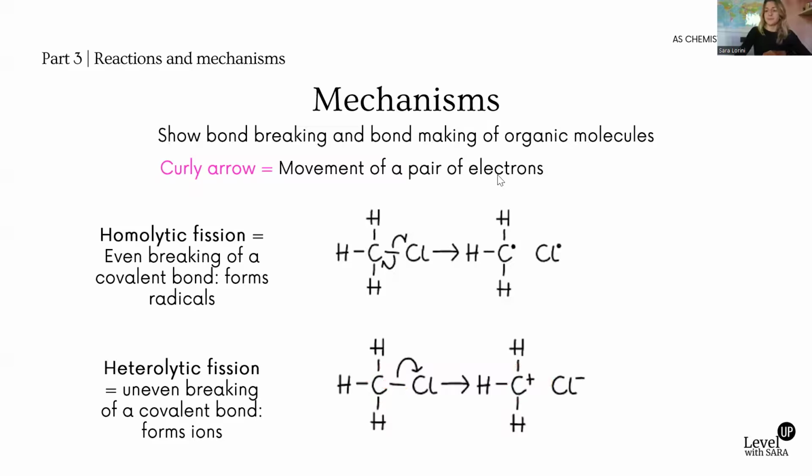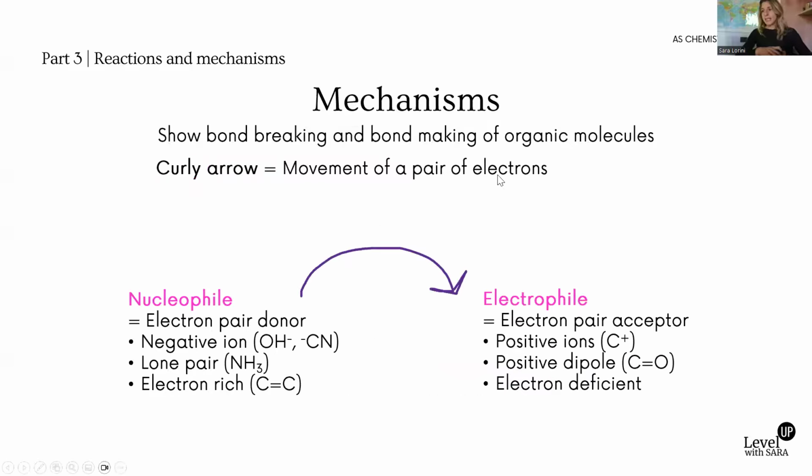Okay, so looking at the mechanism, the second most important thing to remember is that it's always nucleophile to electrophile. Nucleophile, nucleus loving. It's an electron pair donor. Here we have the main examples you will see: hydroxide ions, cyanide ions, ammonia or any amine, and an electron-rich carbon double bond.